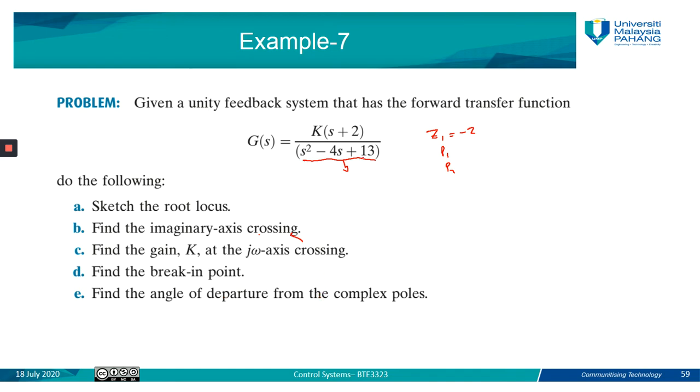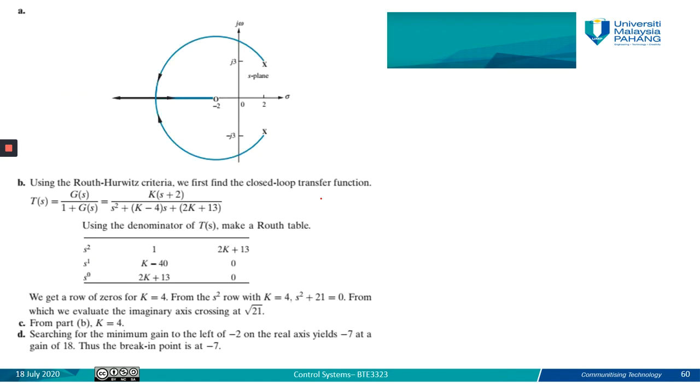Okay, so given the example here, by finding the value of zeros and poles and applying the rules from 1 to 5, we can sketch the root locus. Then we go on to find the other values. As we can see here, this is the graph. We have s squared here, and the place of the poles.